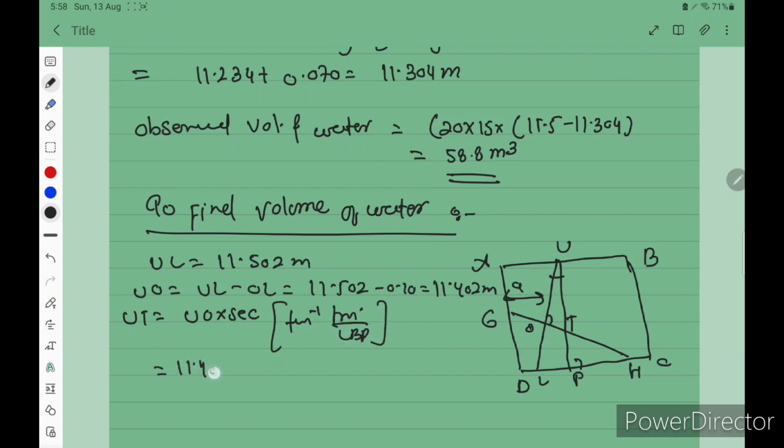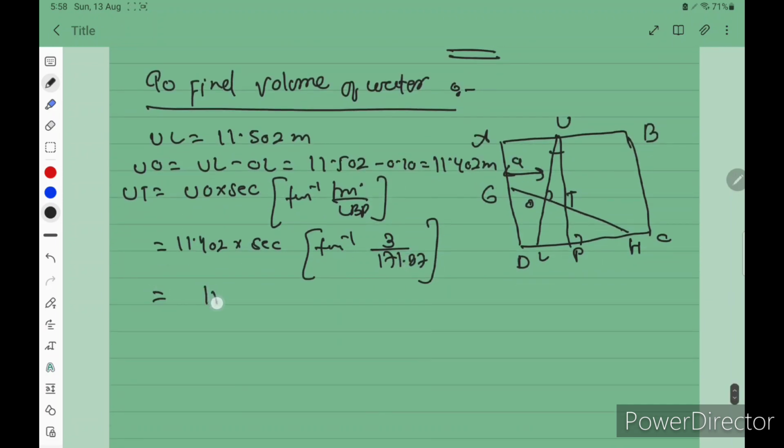So 11.402 into sec tan inverse 3 divided by 171.87 gives 11.404 meters.